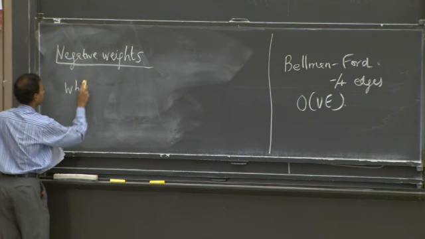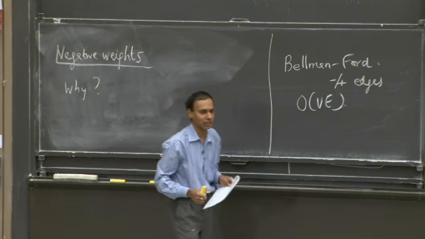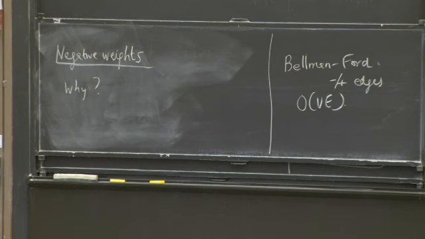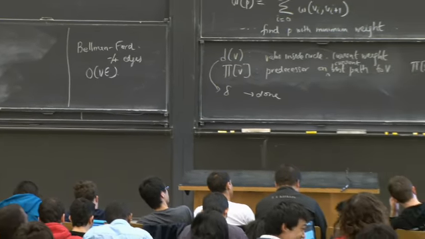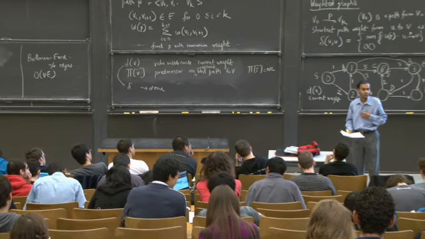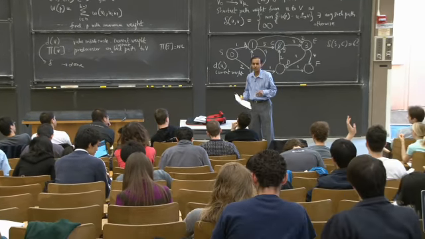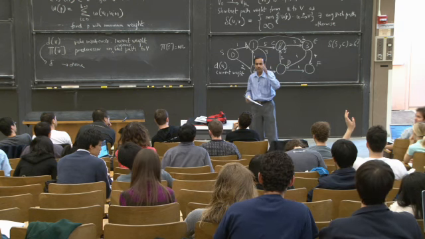So the first question is, why? Why do these things exist, other than making our lives more difficult, right? So give me an example. What is the motivation for a graph with negative weights? I really would like to know. The best motivation is definitely worth the cushion, right? Then I can use it next time.